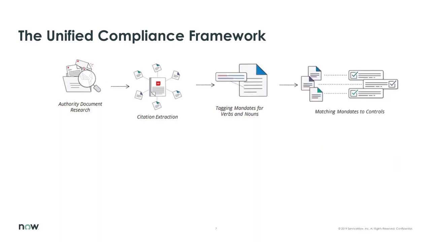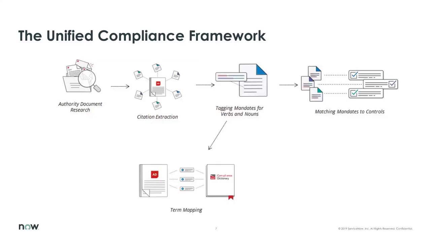And additionally, this also allows us to map all of our terms, all of the one-to-one relationships and similarities within all of these process docs, all of these regulations, all these frameworks. It allows us to have a common language or a common dictionary to speak about compliance. And so this lets us map all of these back and forth across all of these various frameworks in a way that is unified and structurally sound, if you will.